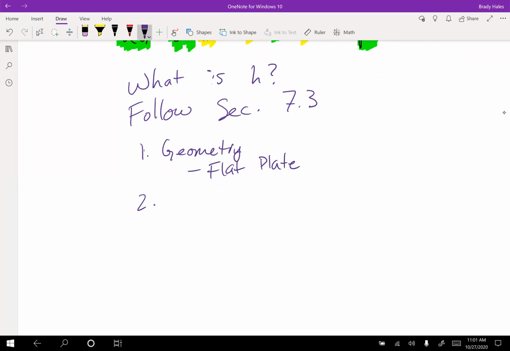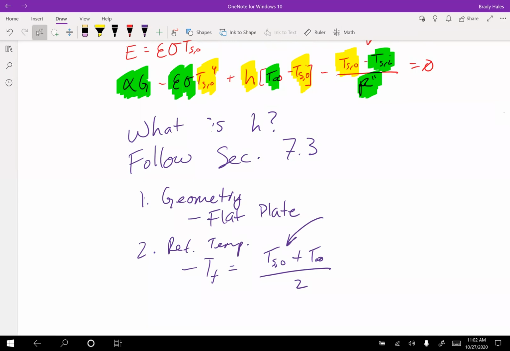Okay. 2 is calculate the reference temperature. So in this case, I'm going to calculate the film temperature, which is going to be TSO plus T infinity, just the average of the two. What you'll notice here, though, is that this TSO is somewhat problematic. Looking at our energy balance, we can solve for TSO, and we get that TSO is some function of H, right?